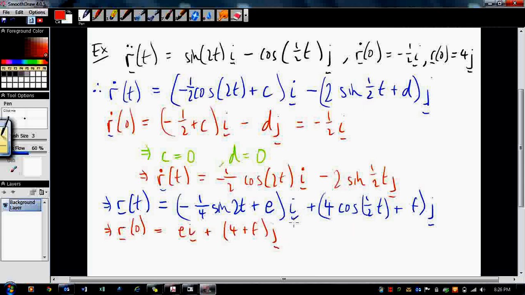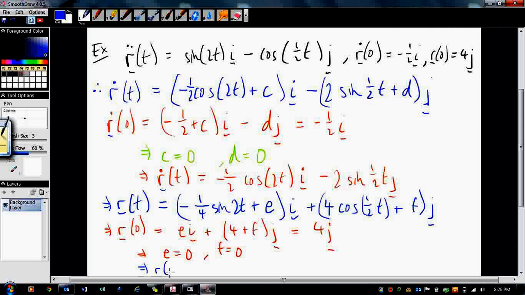Oh, that's really boring as well. Another trivial result. Okay, sorry about that. So r of 0 is equal to 4j from up here from our initial condition. So therefore, e is equal to 0, f is equal to 0. Boring.